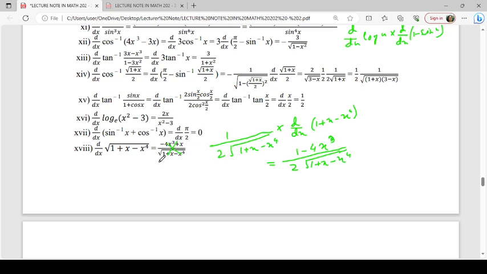The answer should be this one: the denominator is 2 root over 1 plus x minus x to the power 4, and the numerator is not x, it is 1 minus 4x cube.